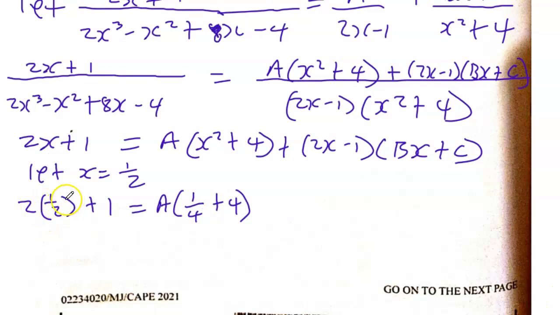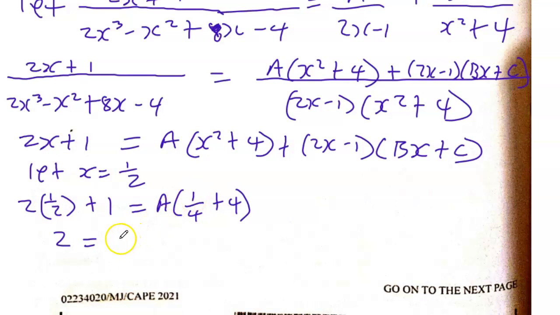So 2 times a half, that's 1, and 1, 2, and that's equal to 4 and a quarter, which is 17 over 4 times A. To get the value of A, we can multiply both sides by 4 over 17.